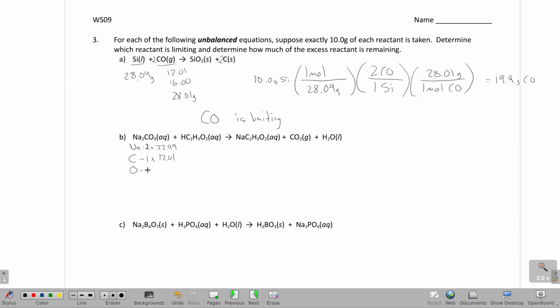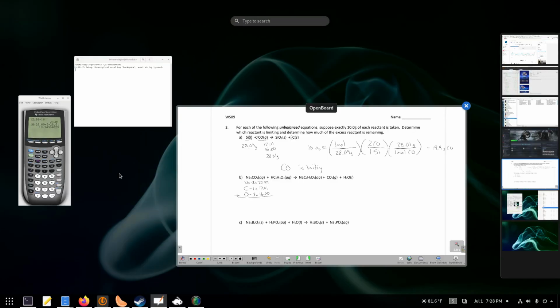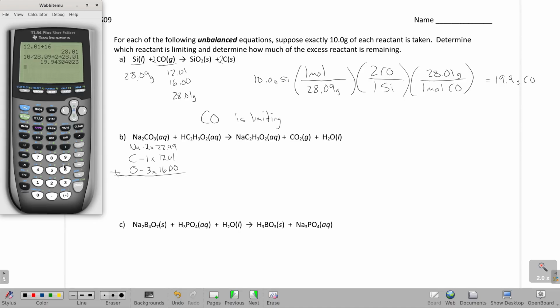And oxygen has a molecular weight of 16. So sodium carbonate is 105.99.